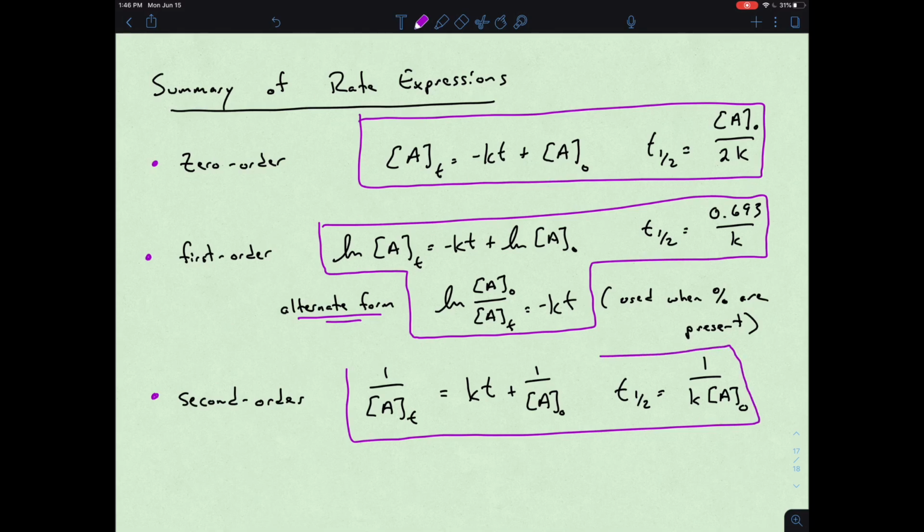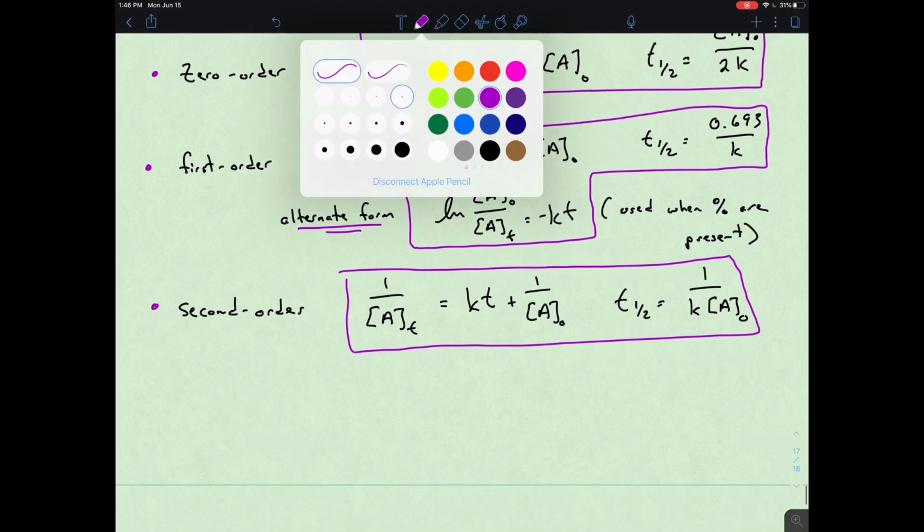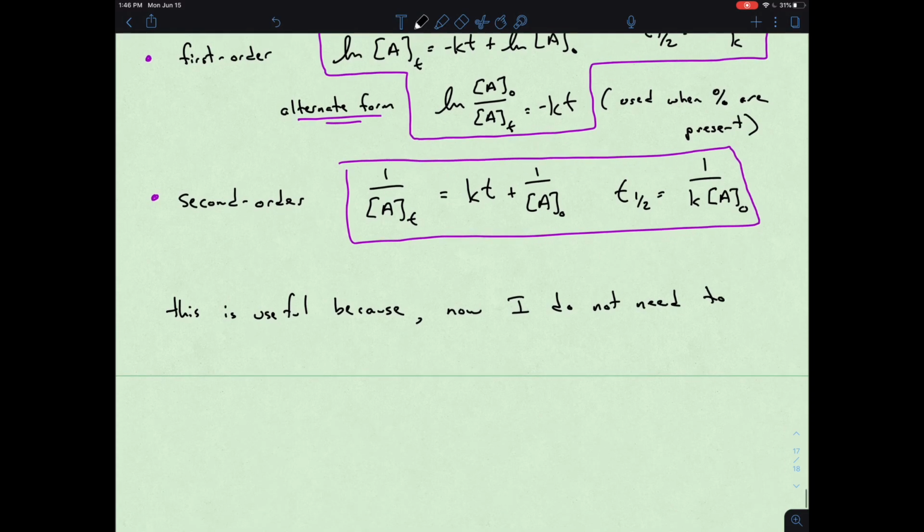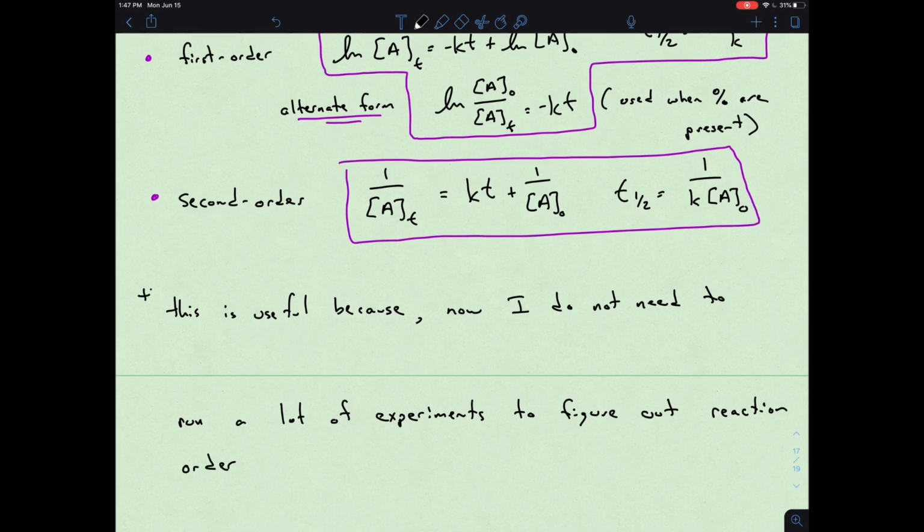Now, why is this useful? This is useful because now I do not need to run a lot of experiments to figure out reaction order, like we did earlier.